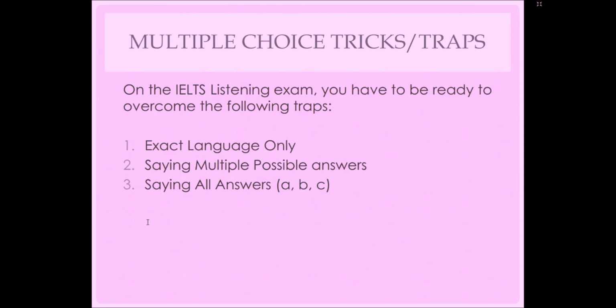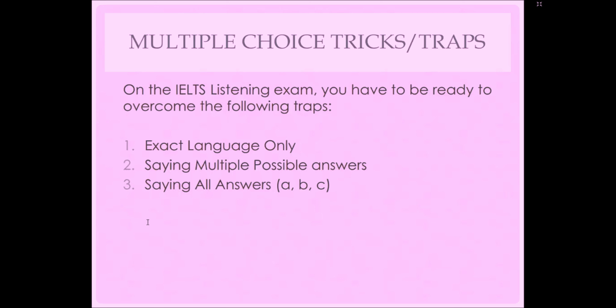All right. So for multiple choice, you have to be careful with exact language only. A lot of students fall for that trick or trap, right? A lot of times what they'll do is in an answer choice, say choice A, they'll put in an exact word that a student heard. However, other than that exact word, the rest of the language in choice A is wrong.